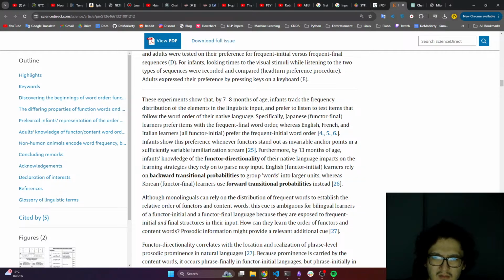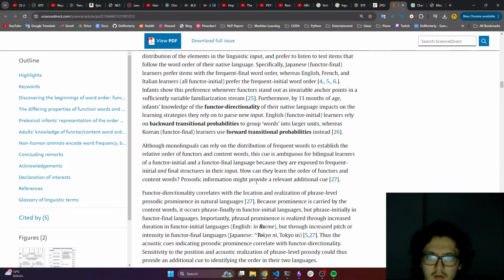Learners rely on backward transitional probabilities to group words into larger units, whereas Korean learners use forward transitional probabilities, although that's just clustering basically. Yeah, makes sense.